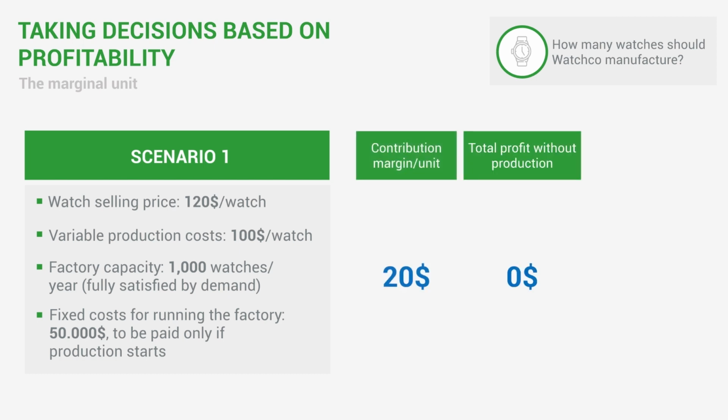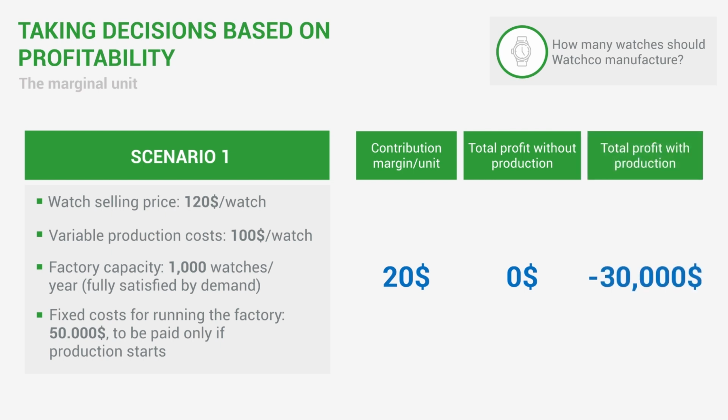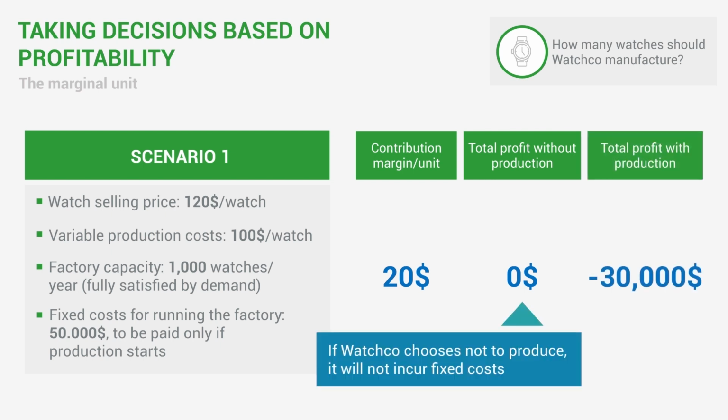In particular, note that in scenario 1, if Watchco chooses not to produce, it will not incur fixed costs, whilst the variable costs are, by definition, 0. Instead, if it chooses to produce, it will have a positive total contribution margin of $20,000, given by a $20 contribution per watch multiplied by 1,000 watches produced.